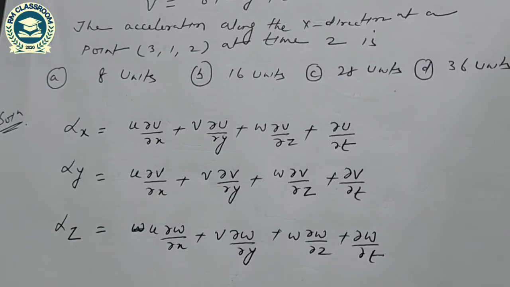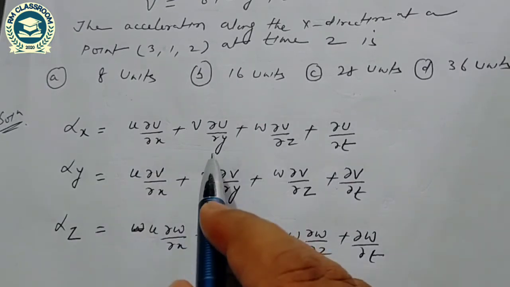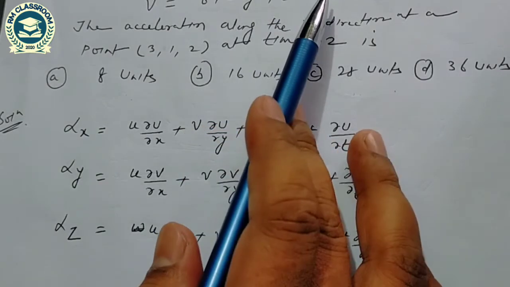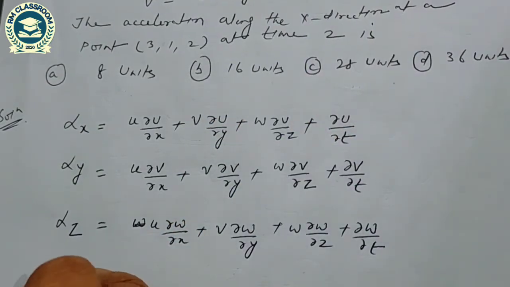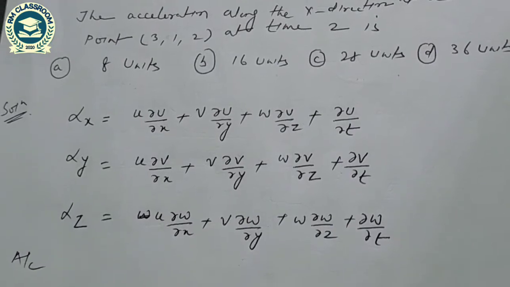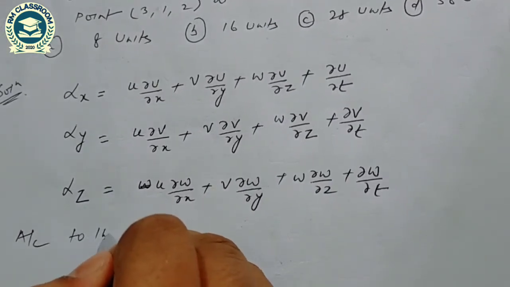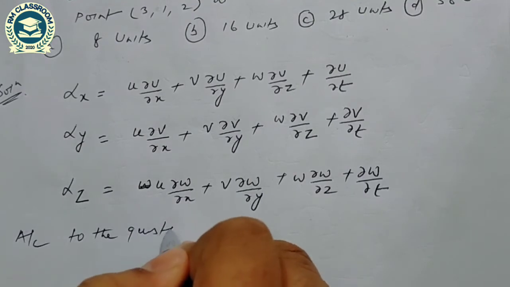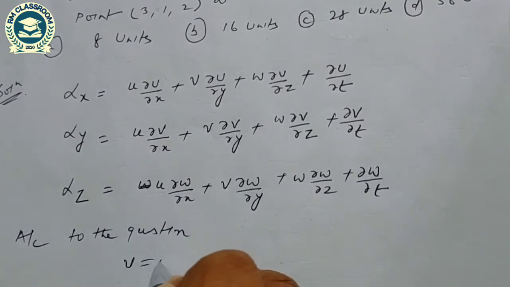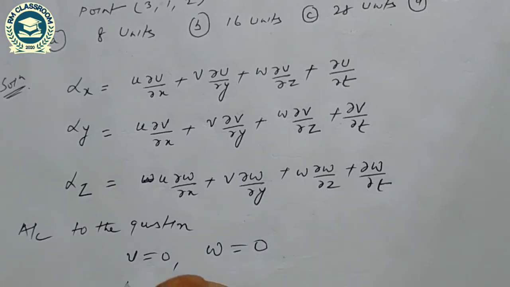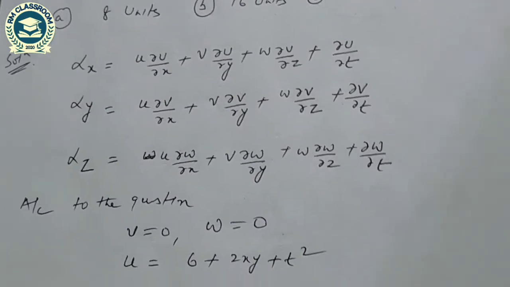So we have to compute the acceleration in x direction, and the components of velocity in y and z direction are 0 according to the question. v is equal to 0 and w is equal to 0, means u component of the velocity is 6 plus twice xy plus t square.